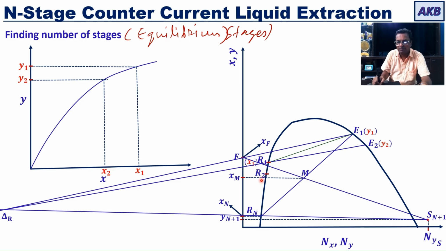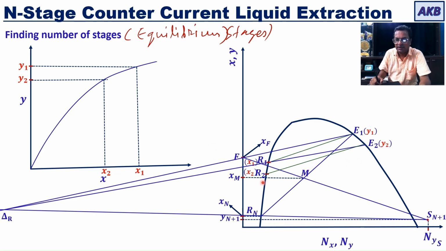I will call that point R2 because I have got this point with the help of x2. And since x2 and y2 are in equilibrium with each other, the point with coordinate x2 and the point with coordinate y2 will be connected by a tie line. So you have another tie line that connects R2 and E2.